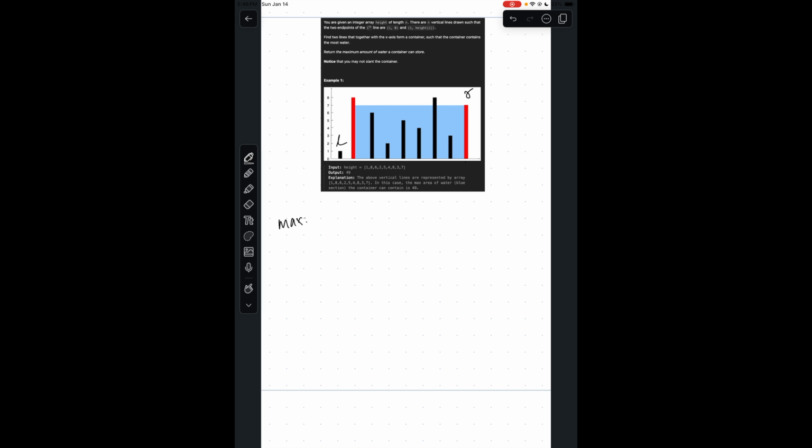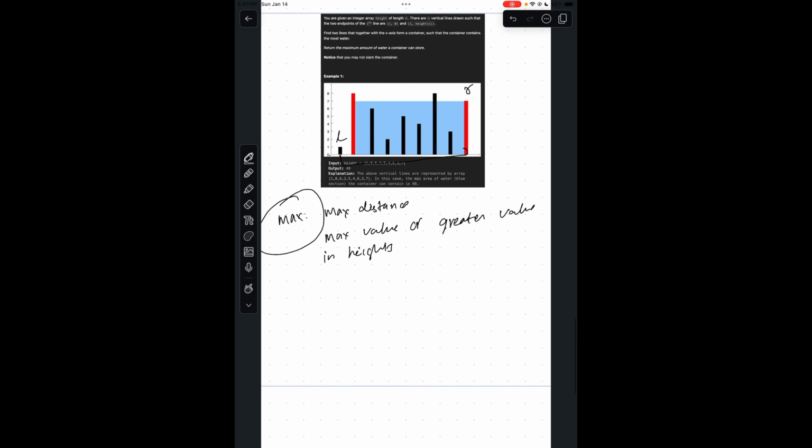The maximum value comes from having the maximum distance. So we use the left pointer on the leftmost side and the right pointer on the rightmost side, and another is the max value or greater value in heights. So this is how we can find the maximum result.